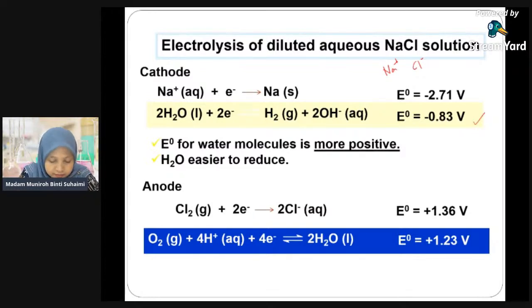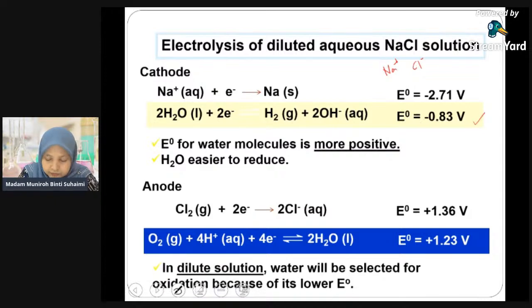For the anode, the anion will move to the anode: Cl minus and the water molecule. In dilute solution, water will be selected for oxidation because of its lower E0. So at the anode, we choose the lower E0, and at the cathode, we choose the E0 which is more positive.